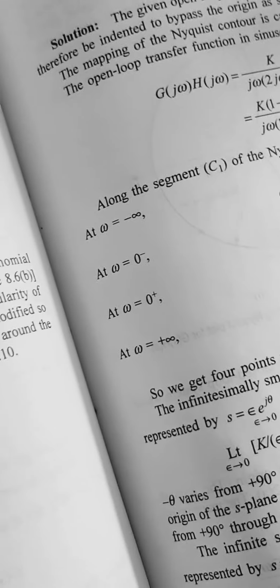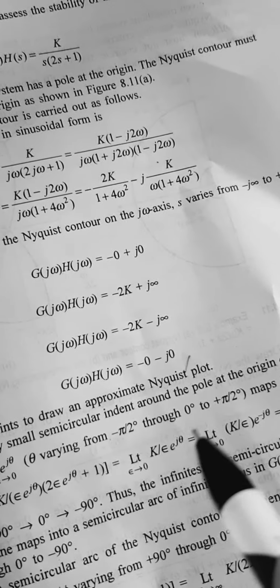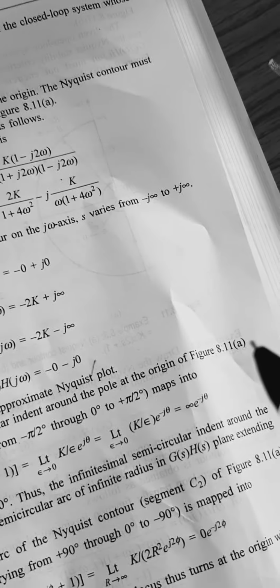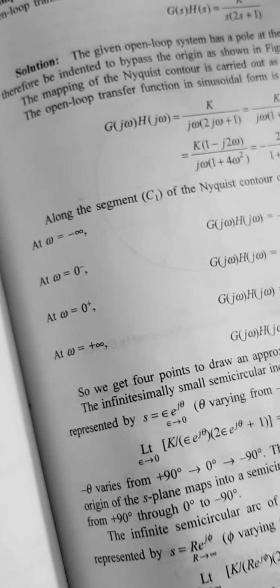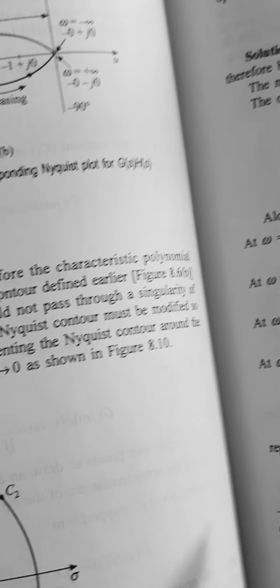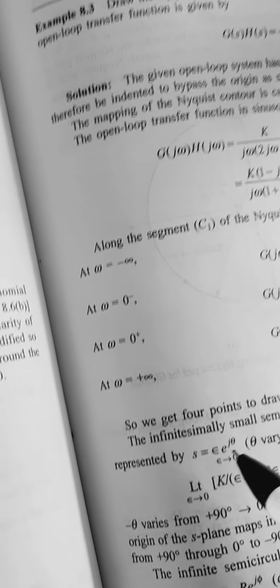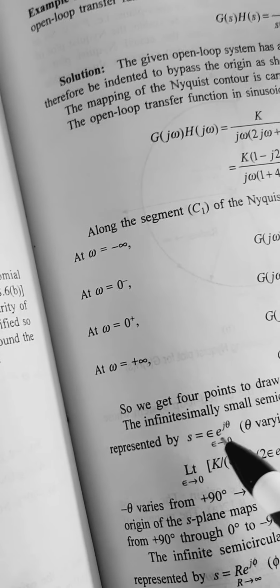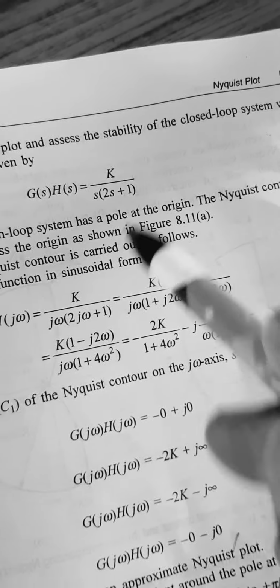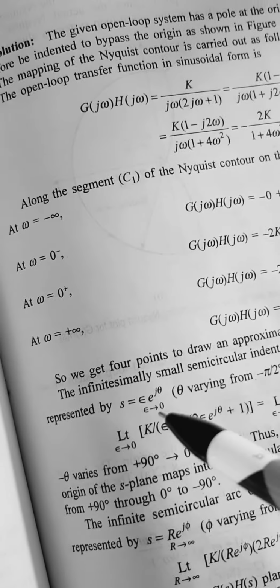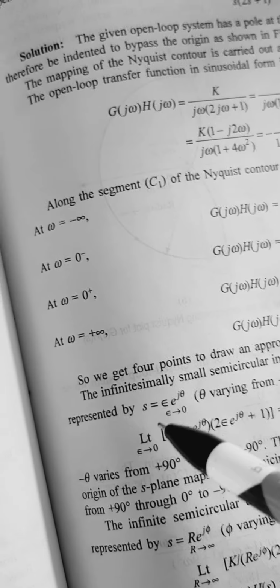For that, we need a small semicircular indent around the pole at the origin, that is here. So the origin is represented by s equal to epsilon e to the power of j theta, wherever s appears you substitute epsilon e to the power of j theta, with epsilon tending to 0.